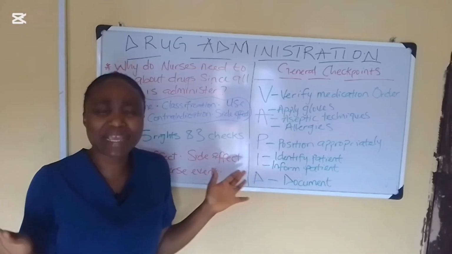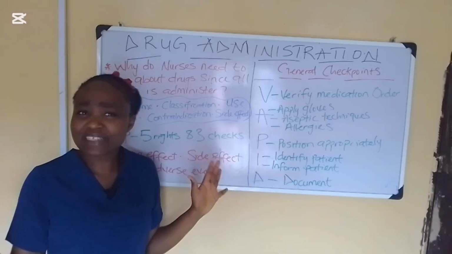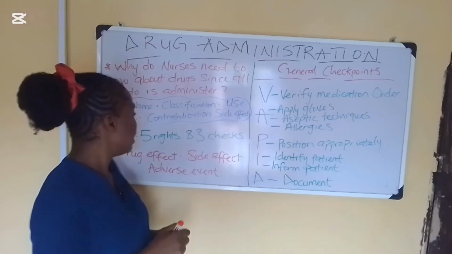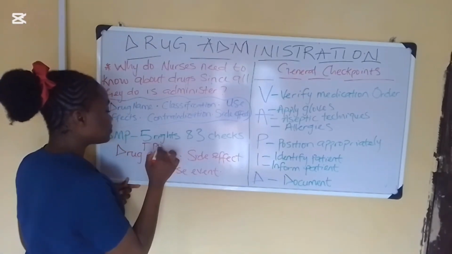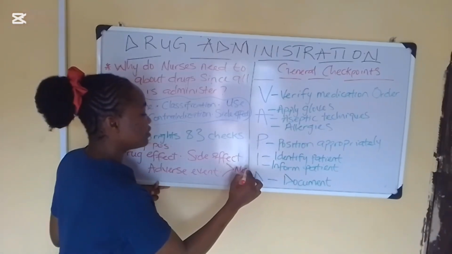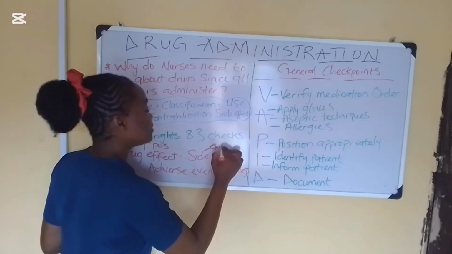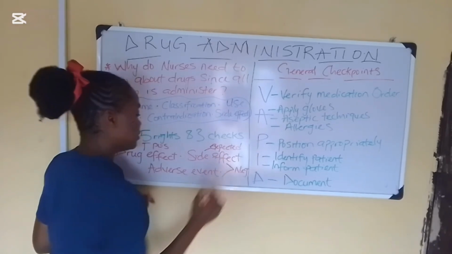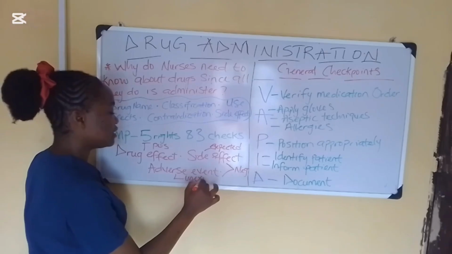They are unexpected negative outcomes. Having considered the positive, now this both will give us the negative. Under this negative, the side effect is expected and the adverse event is unexpected.